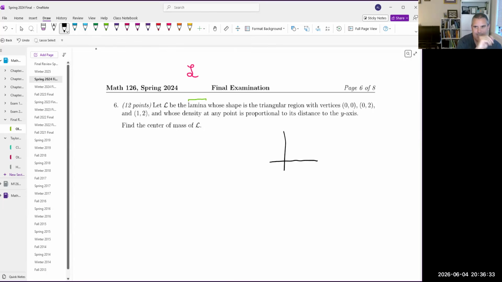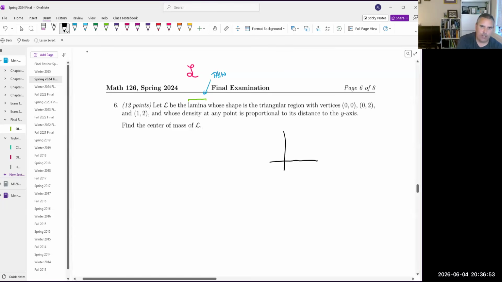A lamina is a thin sheet. It comes from the word laminate. If you laminate something, it's like the veneer, the top layer. This is just emphasizing a thin object, a thin layer.